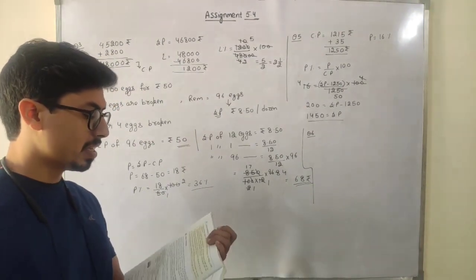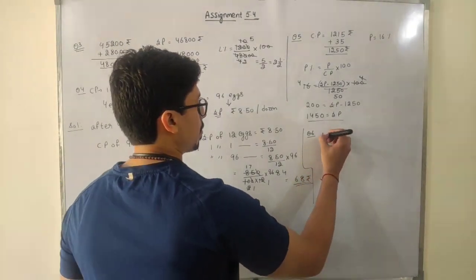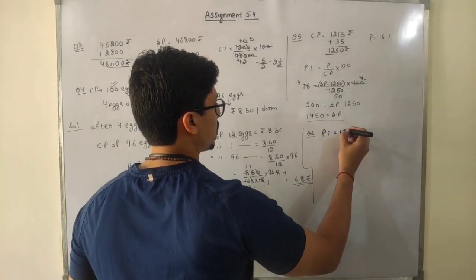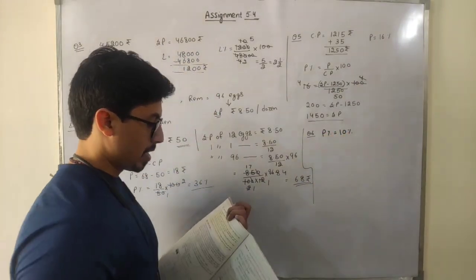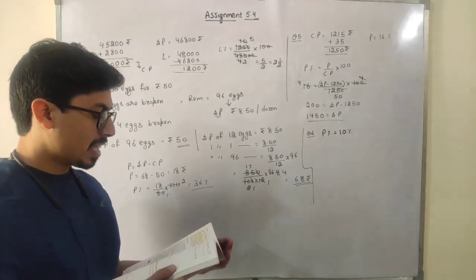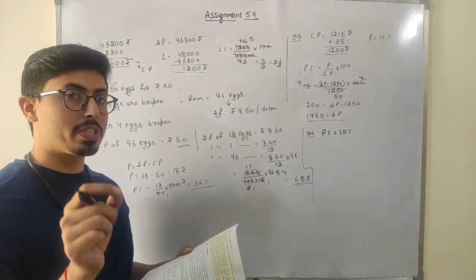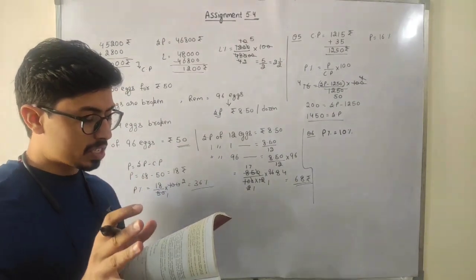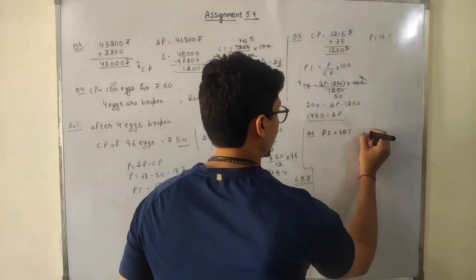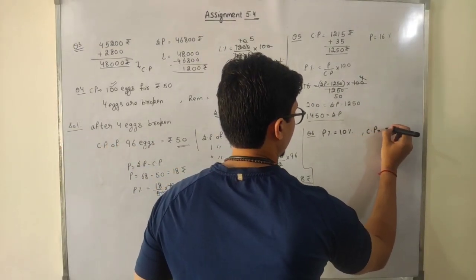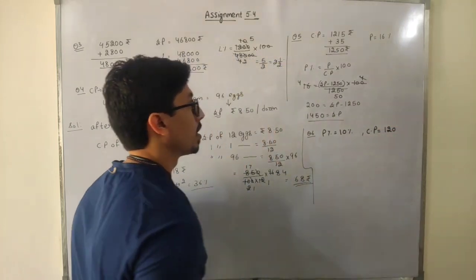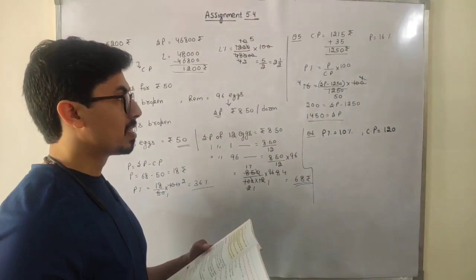Profit percentage is 10, students, it is given to us. By selling a toy costing him rupees 120 means the cost price is given, that is 120. Okay. Find its selling price.